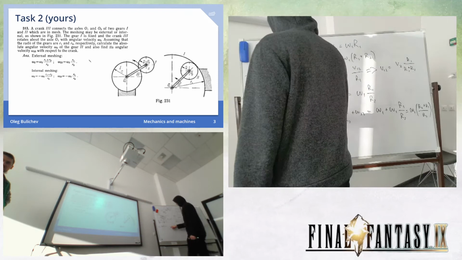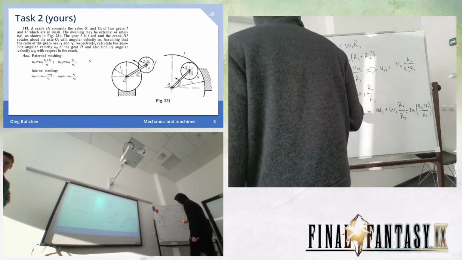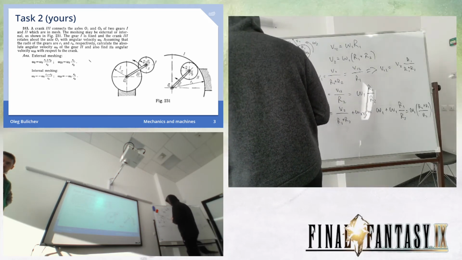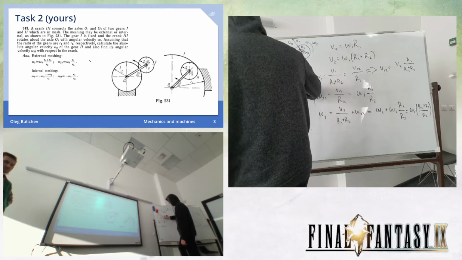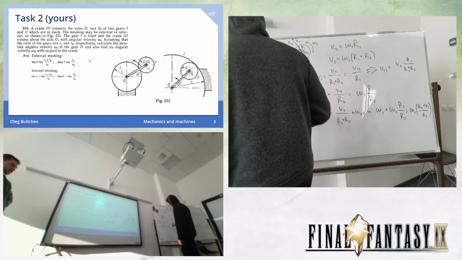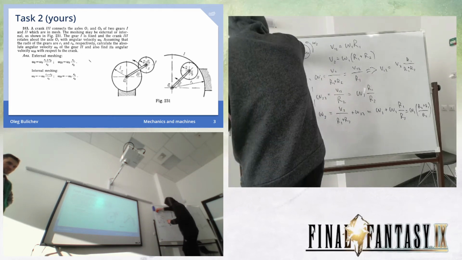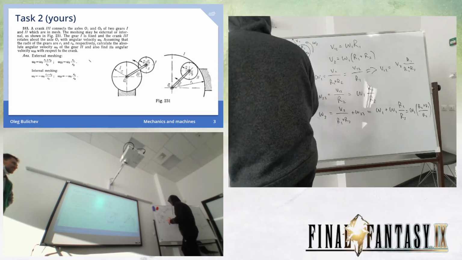At the same time, this gear has the same velocity at that point. So its angular velocity around this point is actually in this direction. We need to solve the smart way, I forgot. Okay, we fix what we fix.